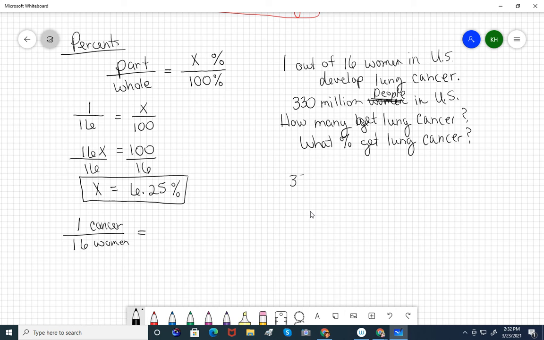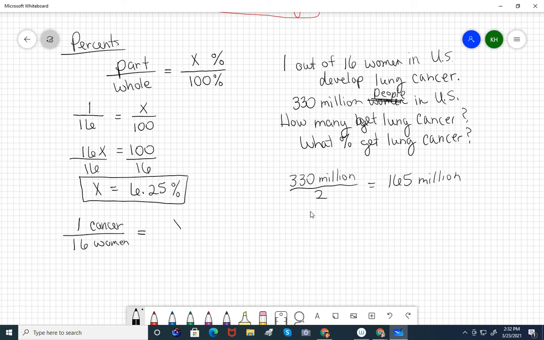So 330 million divided by 2 is 165 million. Now, some of those are going to be very young girls and babies. They're not going to develop lung cancer for a long time. But statistically right now, those are the odds.